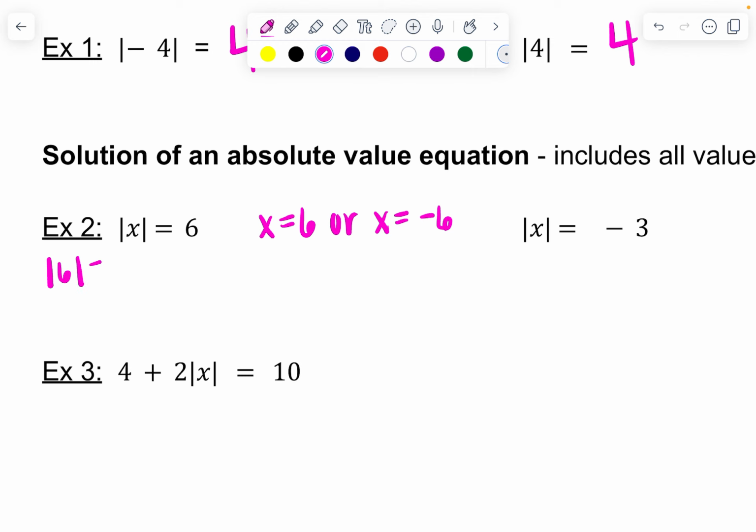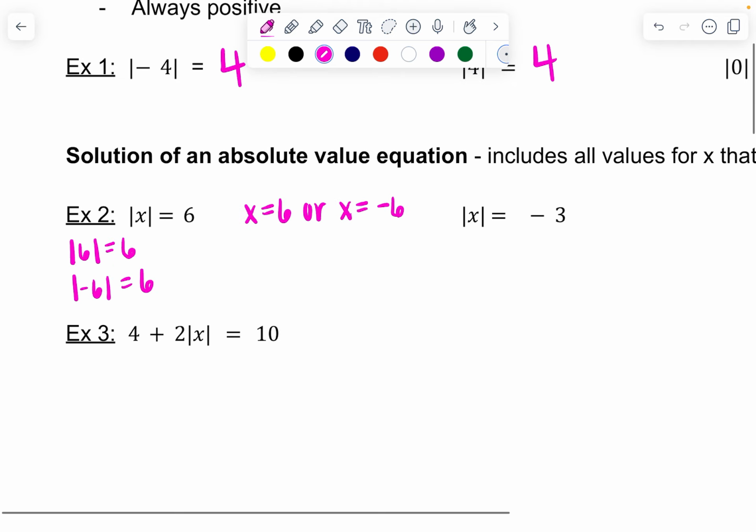So the absolute value of +6 is 6 and the absolute value of -6 is 6. So if we're going to solve an absolute value equation, we need to make the side that does not have the variable into the positive and negative version.